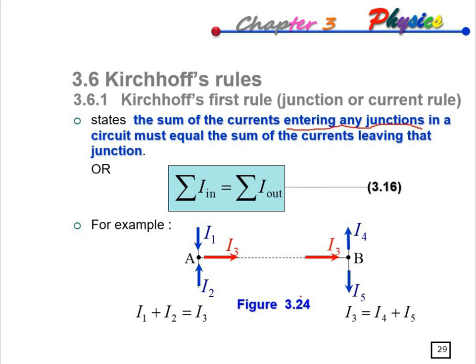So for junction A, we have the equation I1 plus I2 equals I3, and for junction B, I3 equals I4 plus I5. For these two junctions, we can summarize that the summation of current into that junction equals the summation of current out from that junction.